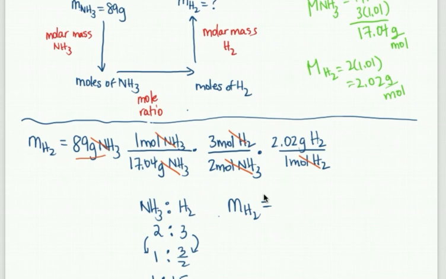Okay, so I'm going through with my calculator, 89 times 3 times 2.02, and I'm getting, so here, I'll just write what I got so far. So I'm getting 539.34 grams, and that's going to be divided by 17.04 times 2. Again, you could do this all in one calculation, just use your brackets on your calculator, but if you're having trouble calculating it, you can see what I got.